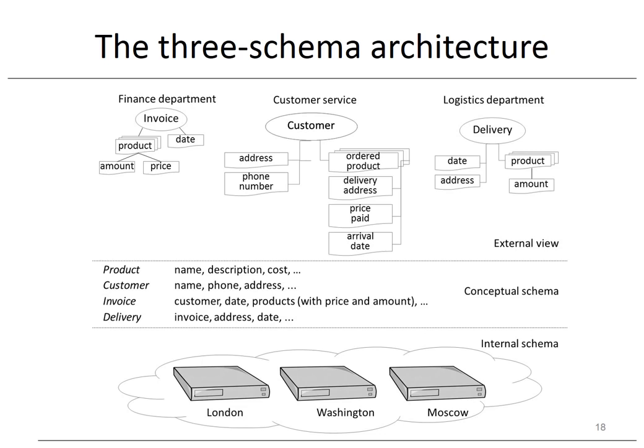The external scheme has three views, offering specific information to the finance, customer service, and logistics department. It is clear that this three-layer database architecture has several advantages in terms of efficiency, maintainability, performance, security, etc.